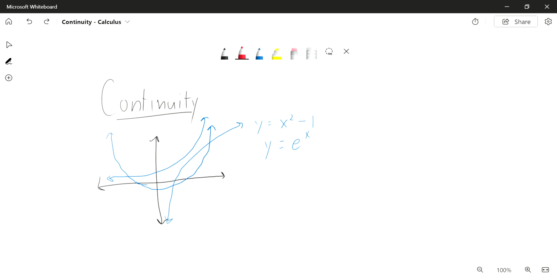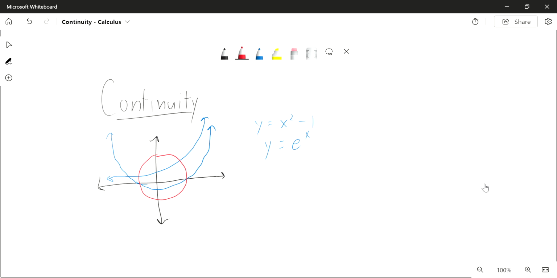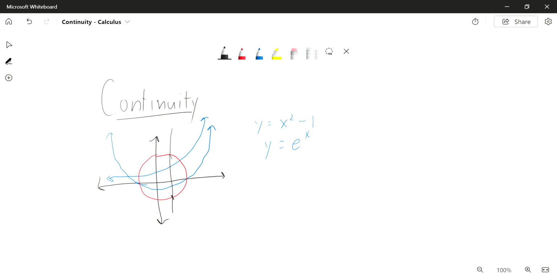But take the equation of a circle. I'm going to draw a line through a random point in the circle, and it intersects twice, meaning that the circle is not a function, but rather a relation.